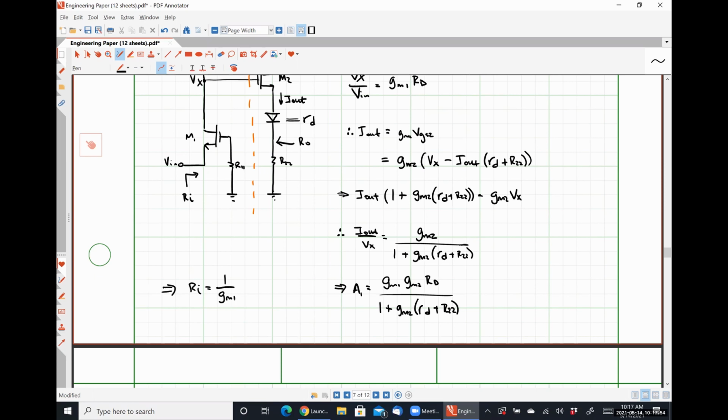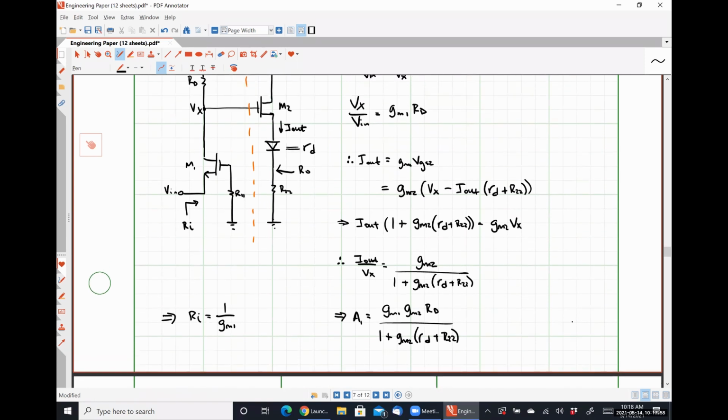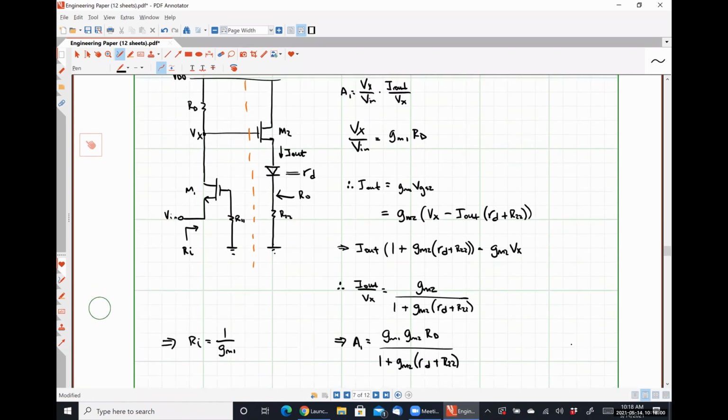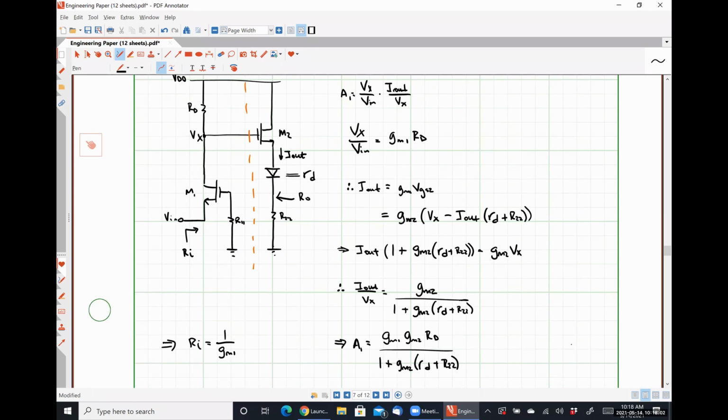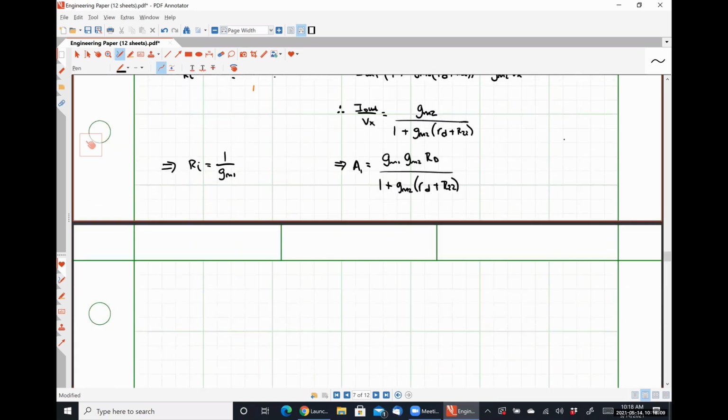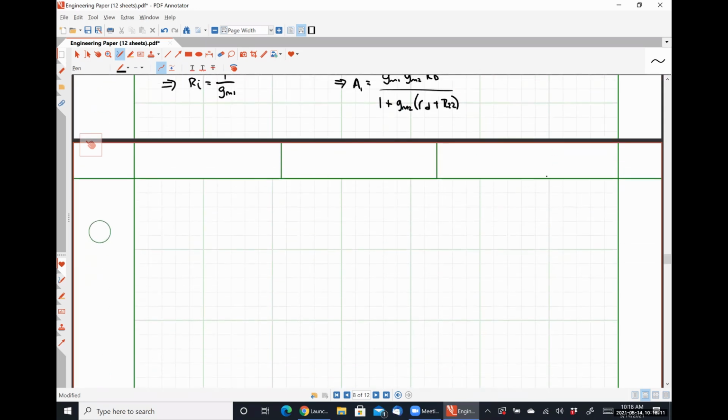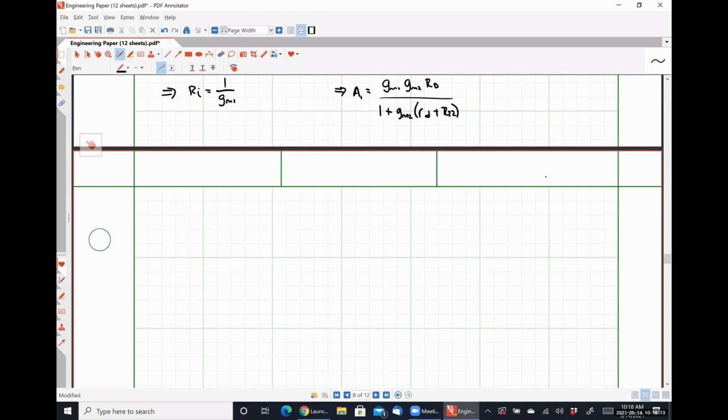For our open loop output resistance, I would argue that it's kind of hard to see directly what's going on here, okay? So I'm going to draw a small signal model for this. All right. So I have my gate terminal, and because I'm looking for output resistance, I need to short my input, which would be node X, to ground.